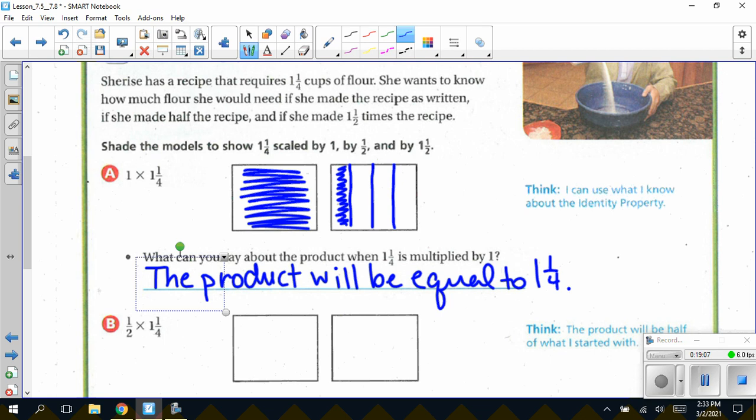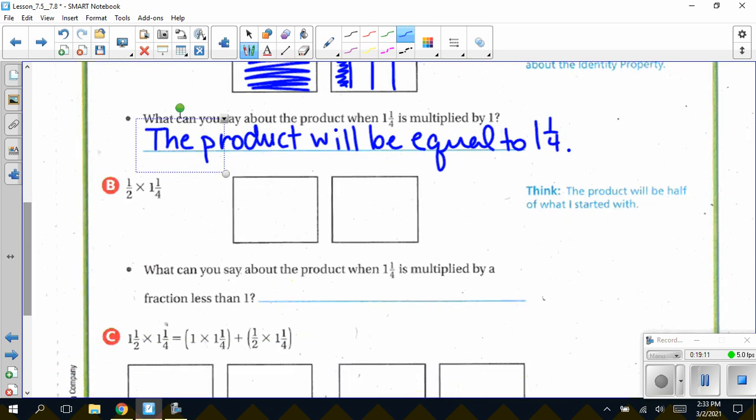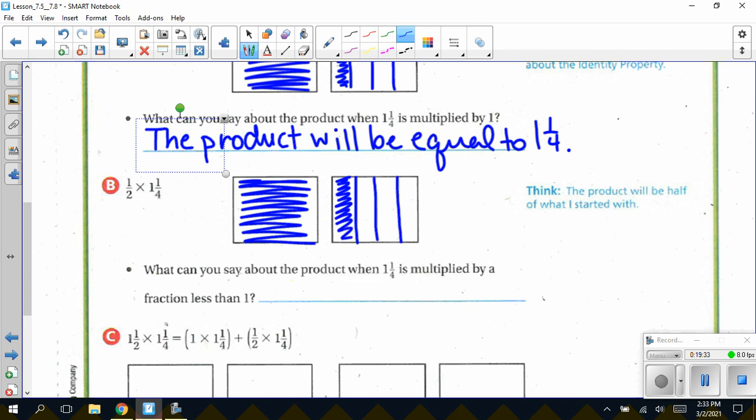So now for part B, I am again going to be using that 1 1/4, but this time I'm going to take half of that. So for my 1 1/4, I know that I would shade in one entire rectangle. Again, break this one apart into 4 equal pieces to show my 1/4. But now I need to take half of that.